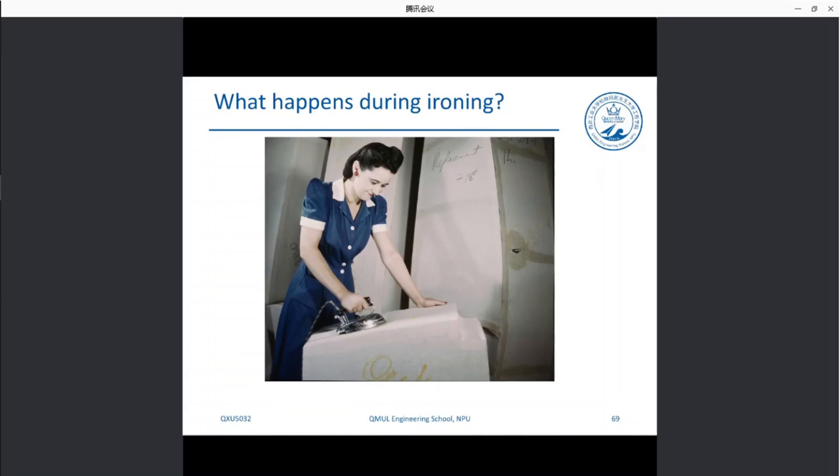And we have 3 minutes. Please let me know, can you imagine what happens during ironing in the concept of glass transition temperature?